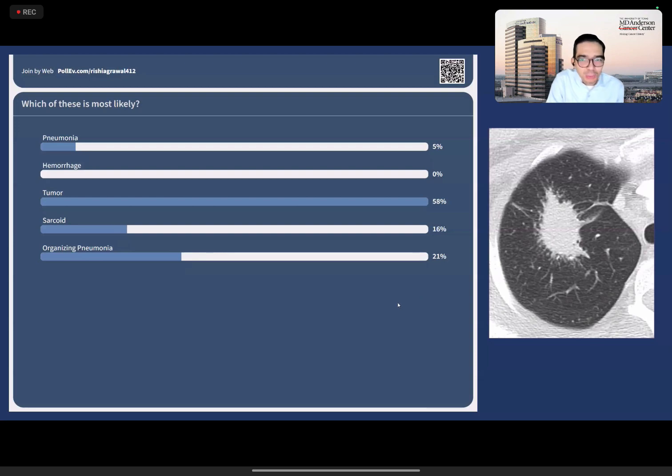Okay, so most people said tumor, and then it looks like the rest said organizing pneumonia, sarcoid, and then pneumonia is the last. Oh, hemorrhage is the last place. So we'll come to the answer in a little bit, but I'll tell you that tumor is not the correct answer, and I'll show you what the correct answer is in a bit.